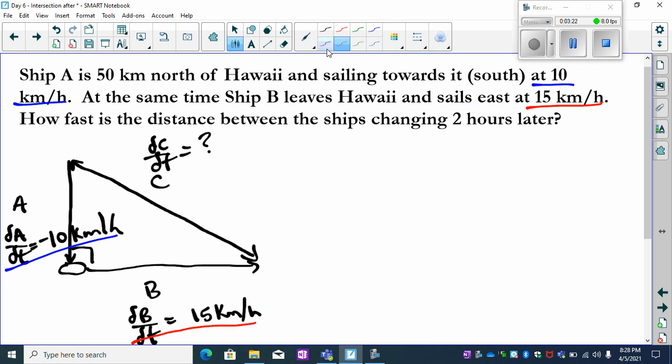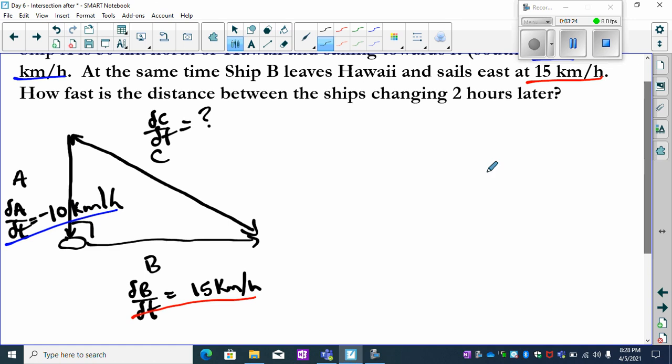What formula could I use that would relate these quantities? Well, the answer is the same as the ladder question. I can use a squared plus b squared equals c squared. Now in the ladder question, the ladder was a constant, so I filled in the value there. Remember, if something's changing, you can't fill it in until after you differentiate with respect to time.